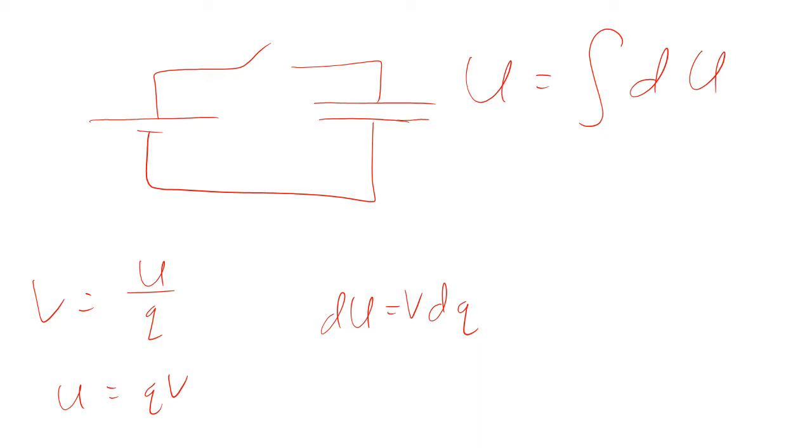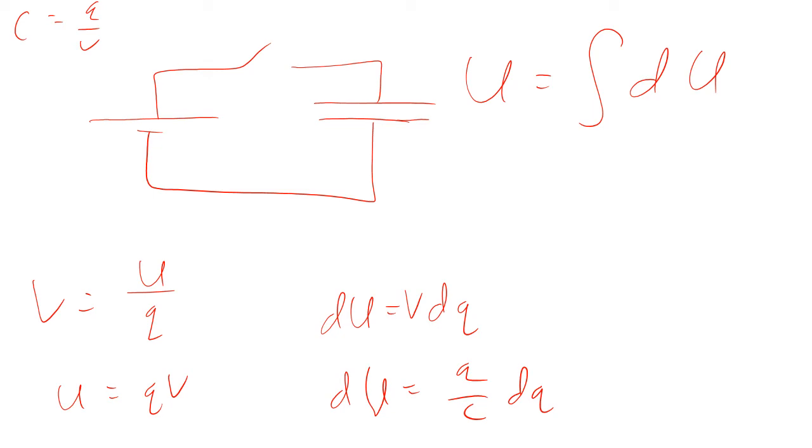What's V? Well, V is the voltage that's on the capacitor. We know that capacitance is defined to be Q over V. So the voltage is going to be Q over C, because the more charge you have here, the bigger the voltage.